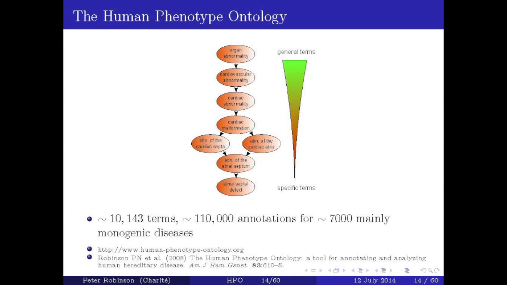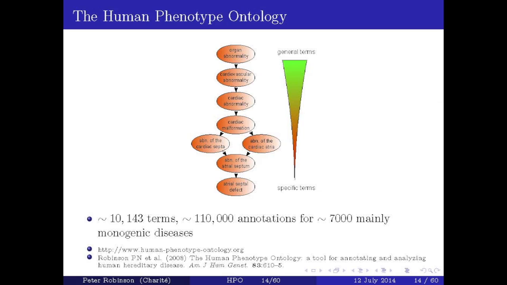Anyway, as a tool for deep phenotyping, we developed the Human Phenotype Ontology. And each of the terms, so I was speaking about Rioja, Spanish red wine, wine, and so on, each of these are also in a subclass hierarchy.